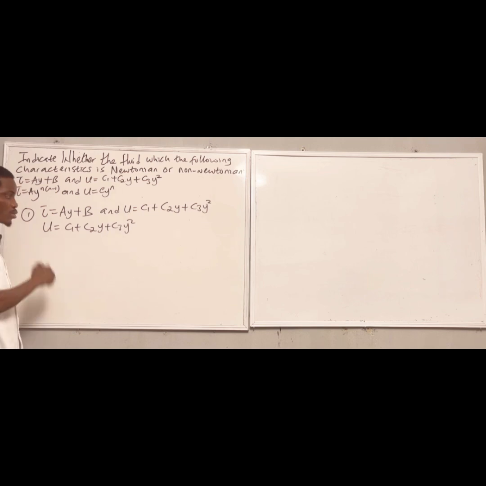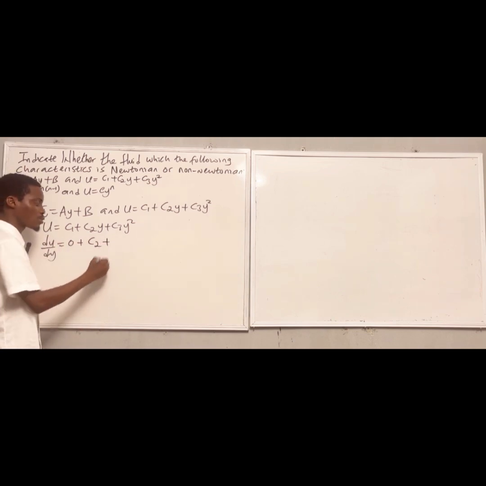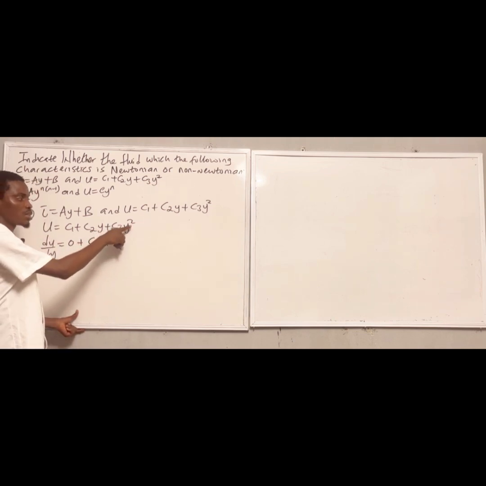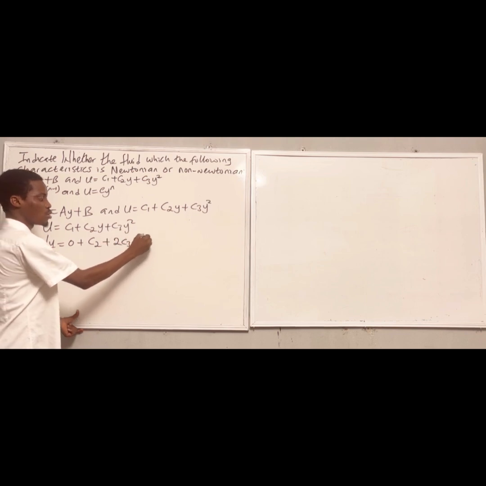Let us differentiate this with respect to Y. We are going to have du over dy equal to, if we differentiate C1 with respect to Y, we don't have Y there, so it will be 0. If we differentiate C2Y with respect to Y, we have C2. If we differentiate C3Y squared with respect to Y, we are going to have 2C3Y.